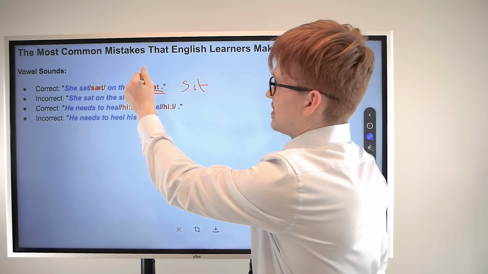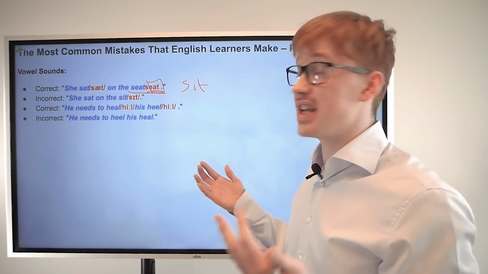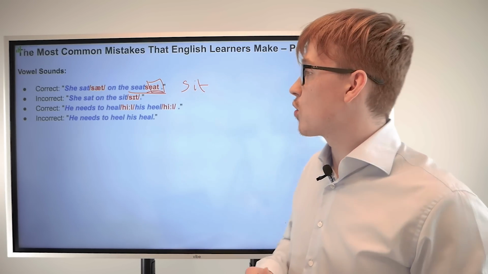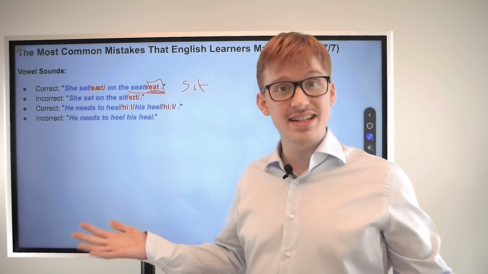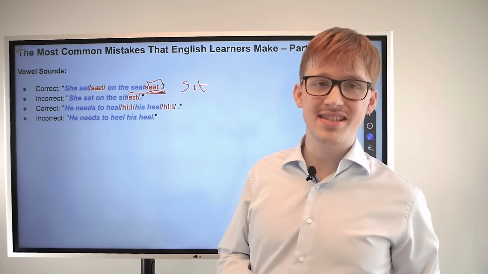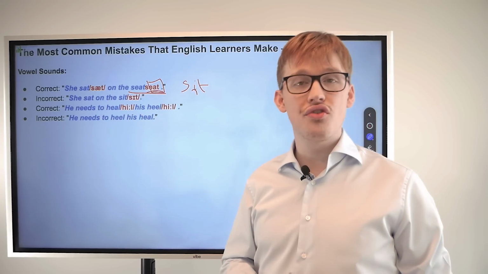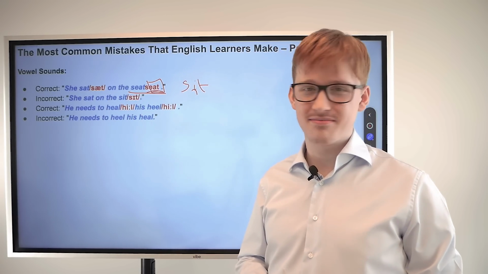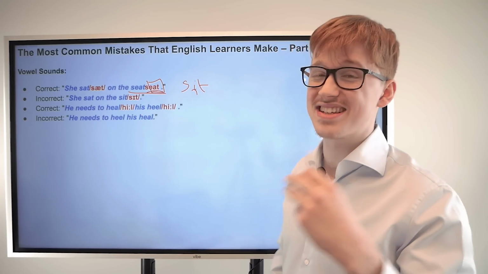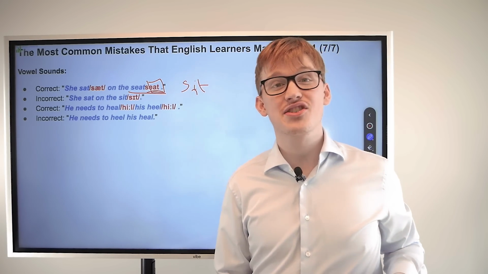And yeah, look, you can see the word to eat here as well. So actually, when you're practicing these words, if you see other words within them, quite often that could be a good indication of how it should be pronounced. So she sat on the seat. An incorrect one would be, as I just said, she sat on the sit. She sat on the sit. No, it's not right. She sat on the seat. Very good. Okay, so let's look at the next correct one here.